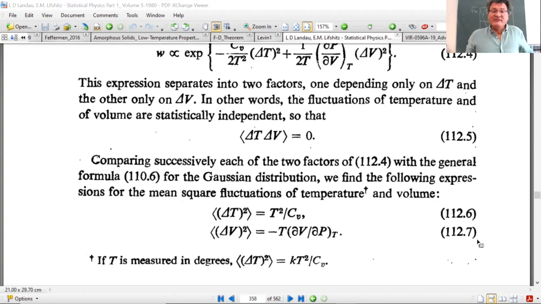Here we start to see what the important parameters are in all this business of thermal noise. First, temperature is important. Definitely, when the temperature goes down, all the fluctuations in temperature and volume decrease.